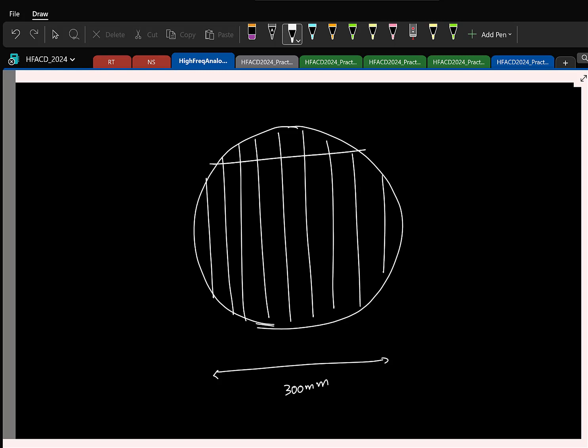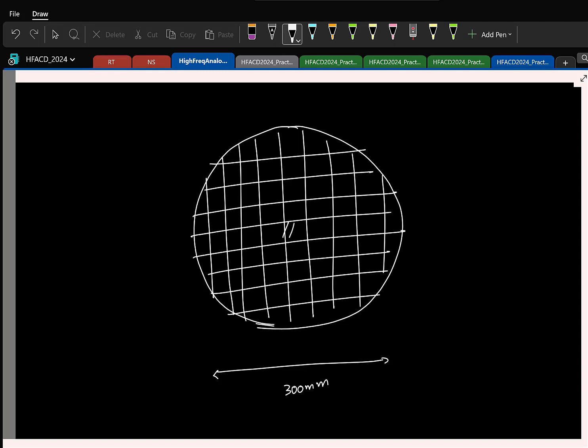I'll just roughly show it. So each of these is your actual chip, right? Depending on the dimensions of each chip, in one wafer you will get thousands and millions of parts. So let us say in this particular chip I have a resistor, and let us say it has a value of 1 kilo ohm.